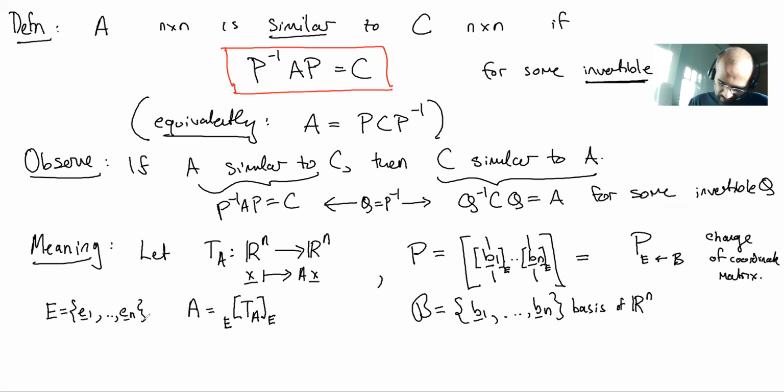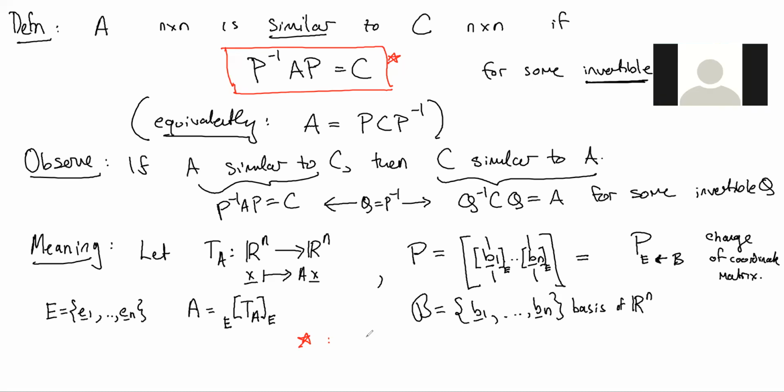Okay, so now with this new interpretation, I can interpret the similarity equation up here. I can rewrite it, right? What does it say? Well, P inverse is the inverse of this change of coordinates matrix, which is another change of coordinates matrix. What is P inverse going to be? E to B. Yeah, the arrow is going to be reversed, right?